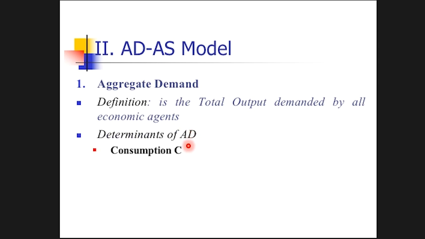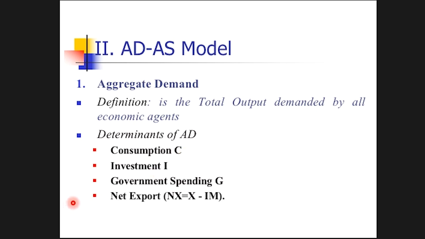Firstly, consumption is the total output demanded by consumers. Second, investment measures the total output demanded by firms. Third, government spending or government purchases measures the total output demanded by the government.